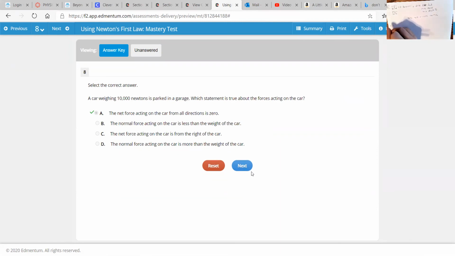8. A car weighing 10,000 newtons is parked in a garage. Which statement is true about the forces acting on the car? So it's parked. That's static equilibrium, and the net force acting on the car from all directions equals 0.